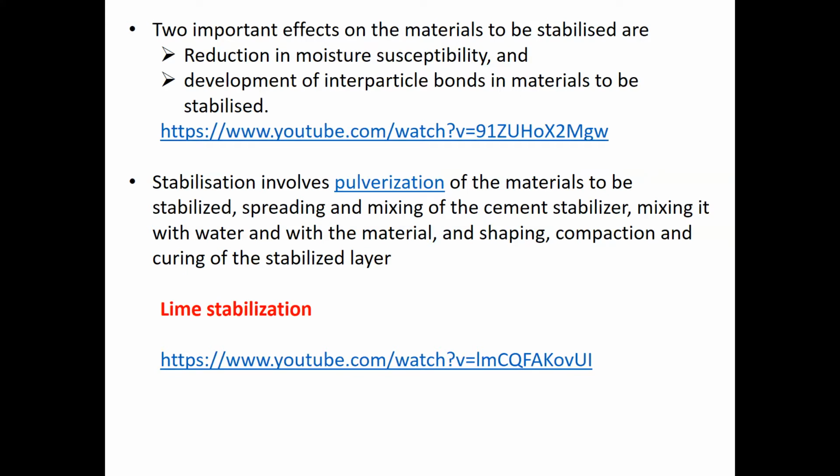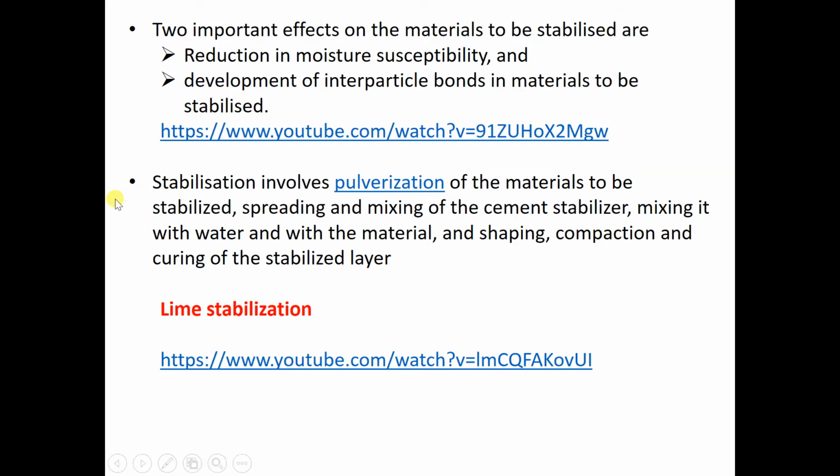Previously it was called unbound, but now with the cement it will be bound. It's not like a concrete slab, but it can be like a weak concrete slab. It can provide more strength than the previously unbound aggregates.